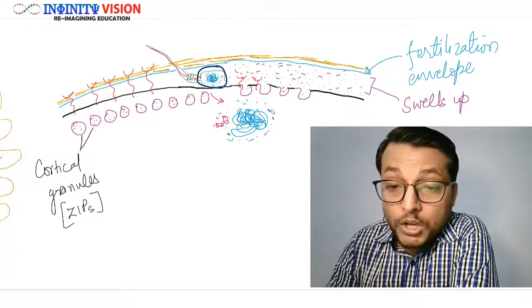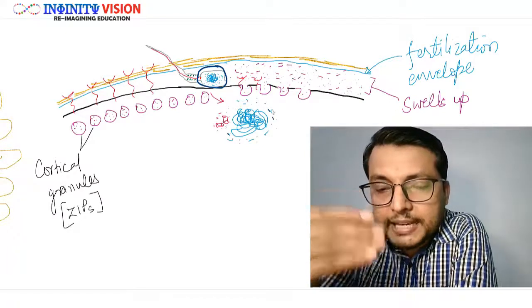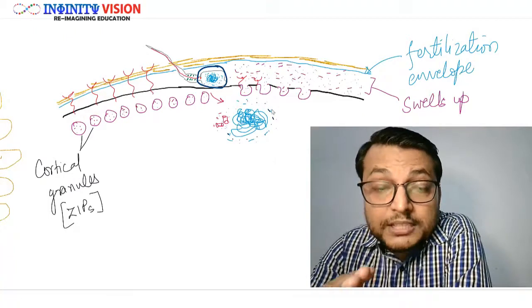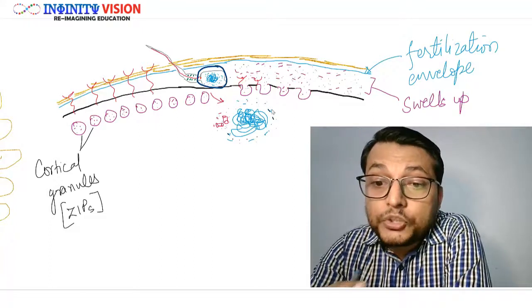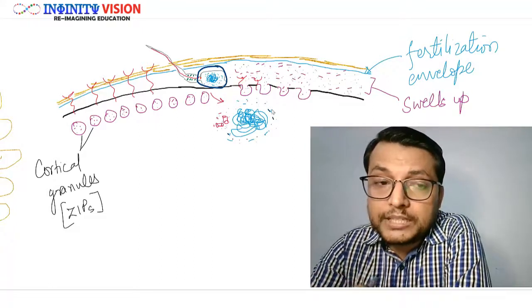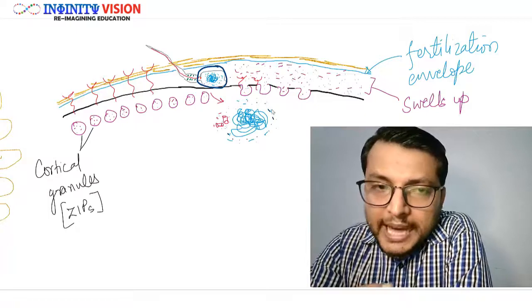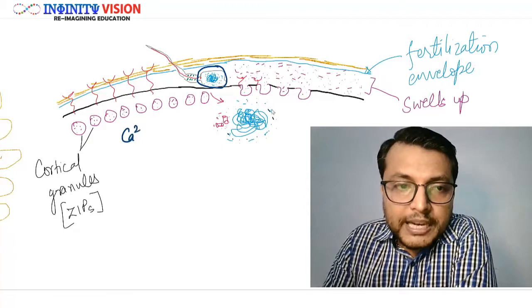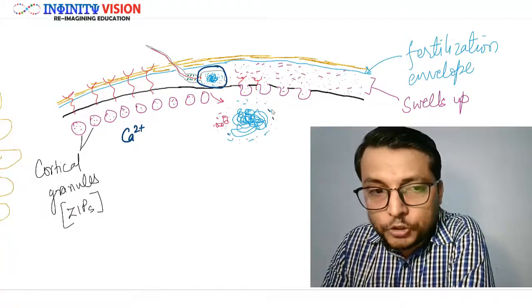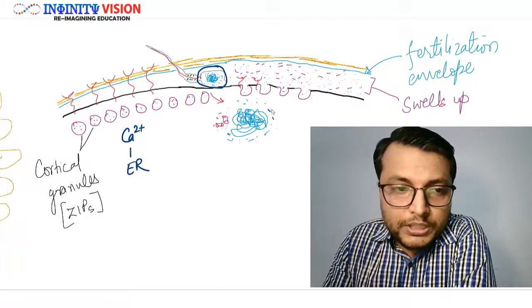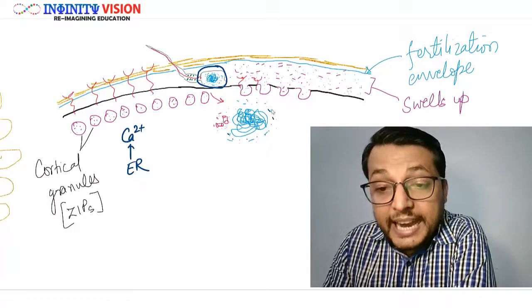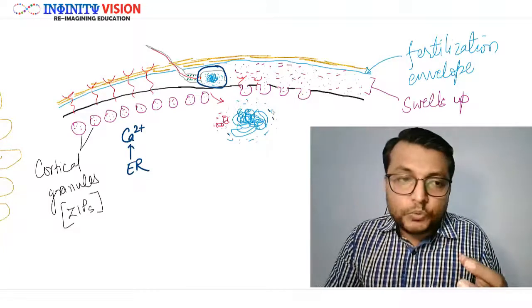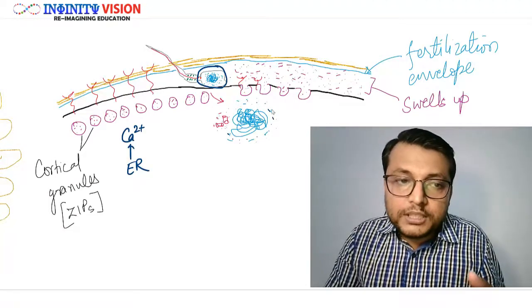Well, once the first sperm has entered, there are subsequent changes in the membrane of the secondary oocyte. What happens? As this sperm enters, there is an influx of calcium 2 plus from the endoplasmic reticulum. So the ER releases a lot of calcium. Now in presence of calcium, what happens is these cortical granules.